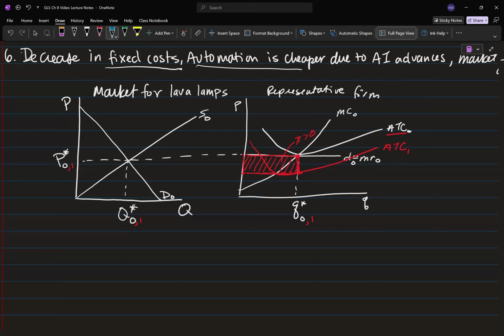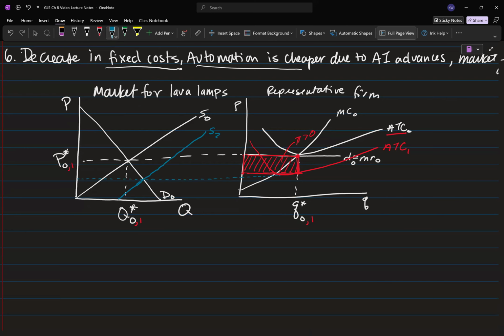Moving to the long run, firms can now enter the market because they can buy capital goods. And so we're going to see firms enter until the price reaches the new minimum point of the firm's new average total cost curve. Okay, so we'll have firms enter in response to that signal of positive profit.